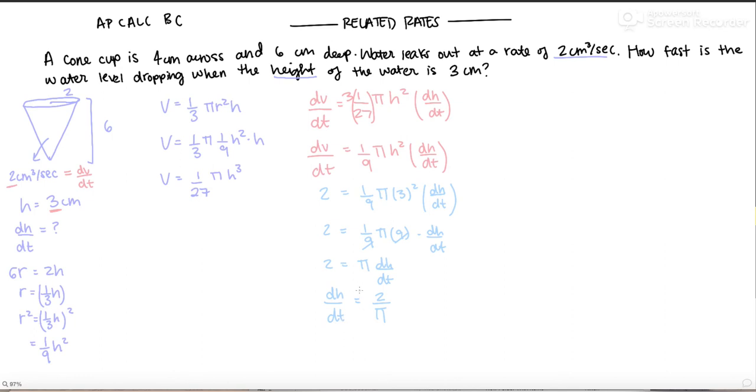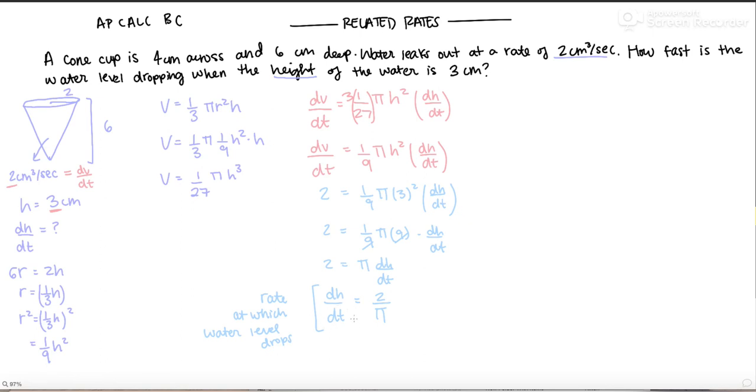We need to put that in context, which means we need to add units. Now remember this dh over dt, this always represents a rate. In this case, the rate at which the water level drops, which can also be rewritten as the rate at which the height of the water changes each second.